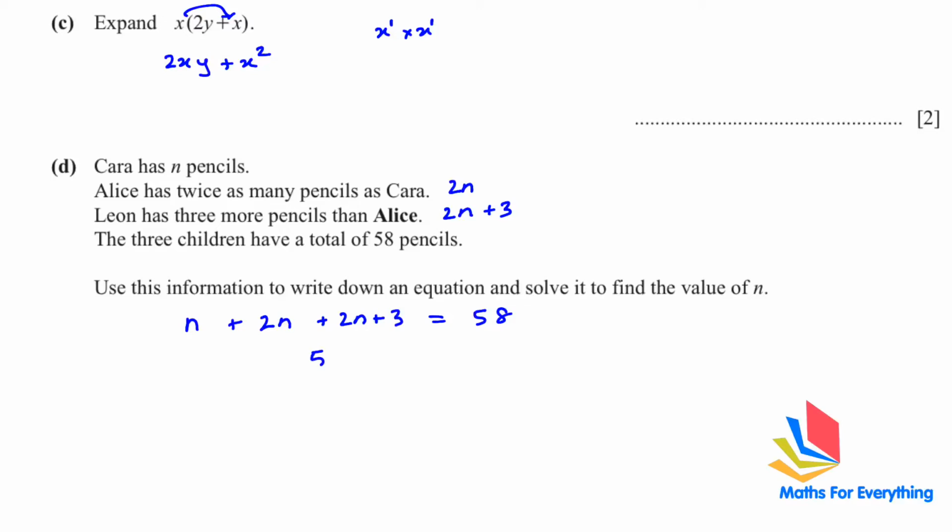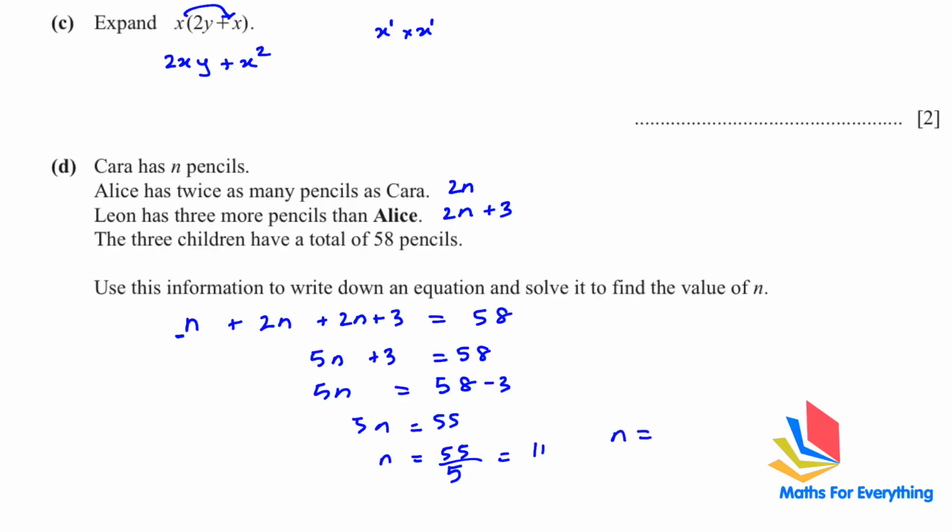So 5n, if there's nothing, it means there's a 1, plus 3 is equal to 58. 5n is equal to 58 minus 3, which will give you 55. Divide by 5, so 55 divided by 5, 11. N is 11. And this brings us to the end of this tutorial.